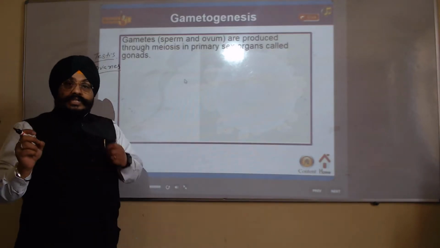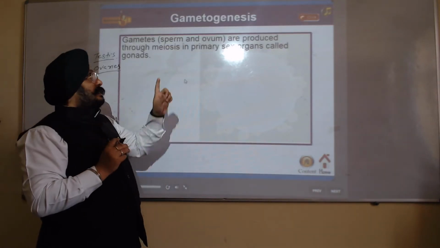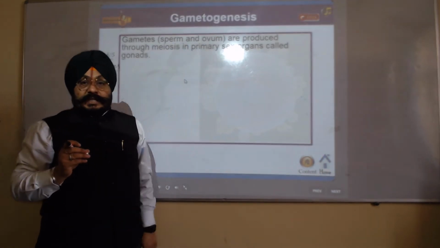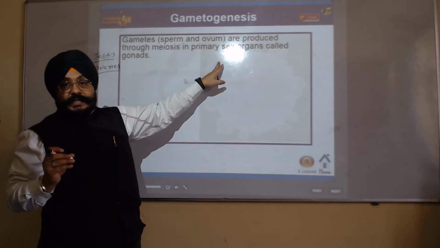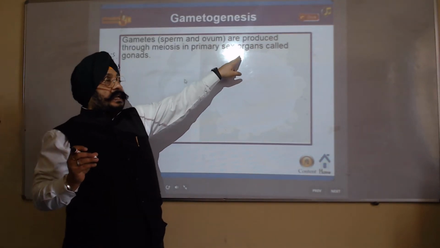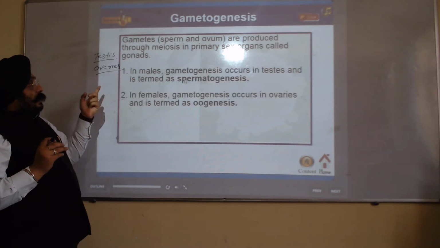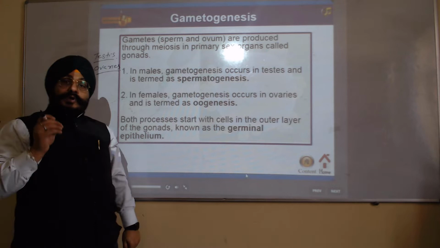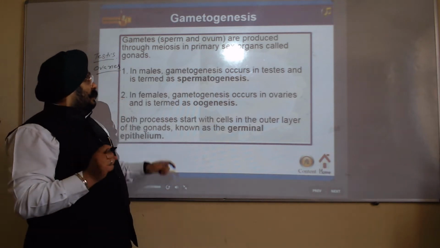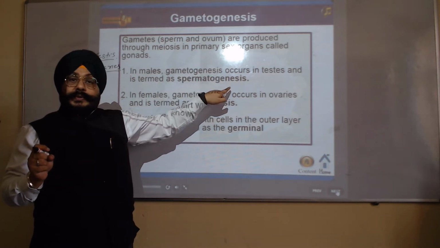The process which occurs is commonly known as gametogenesis, that is the formation of gametes, which are produced from the sex organs commonly known as gonads. In the male, the process of gametogenesis is known as spermatogenesis.